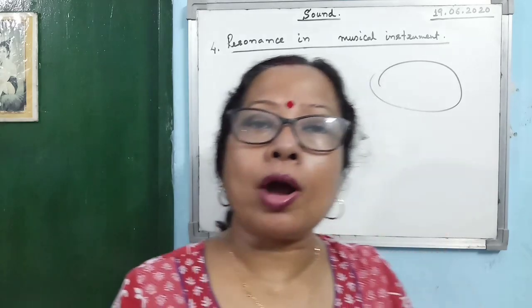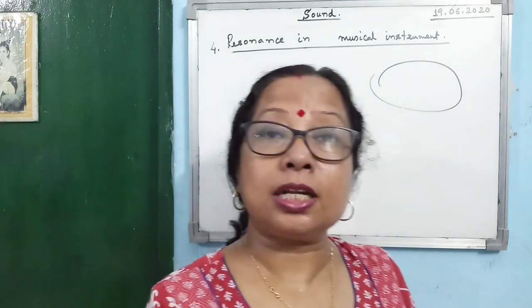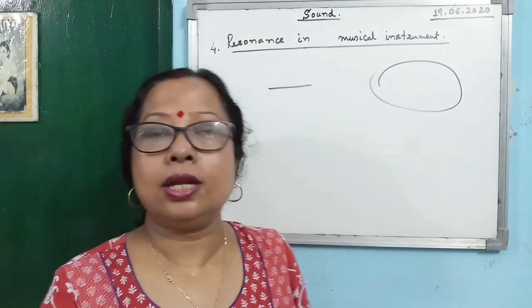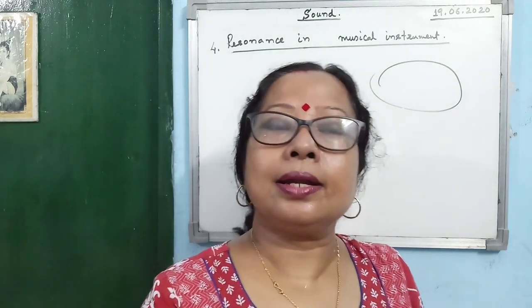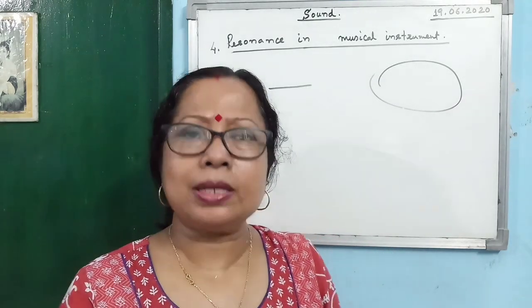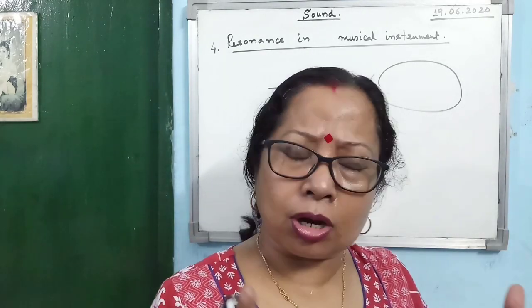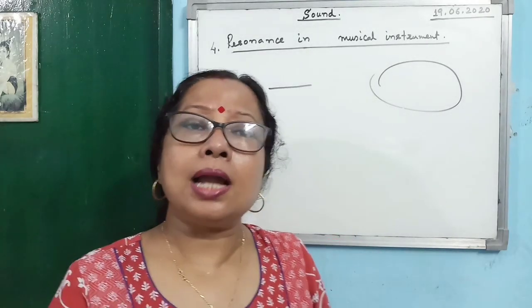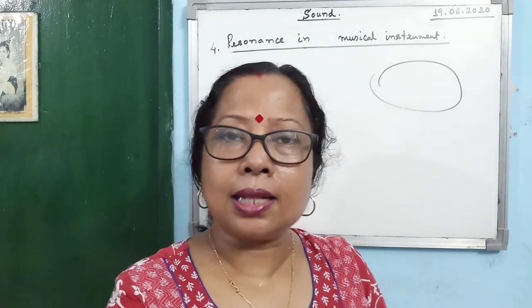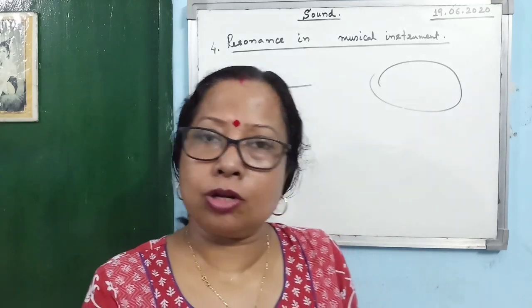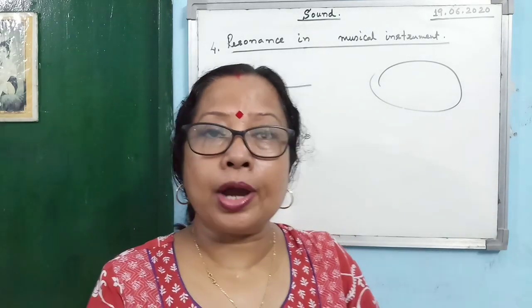So what are the points you are supposed to mention, the key words in your answer? The hollow box is provided so that resonance takes place and a louder sound is produced. This is the first point, means the term resonance and the louder sound should be present in your answer. Then the second point, why?